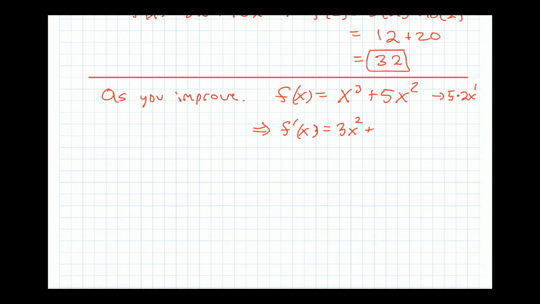The derivative of x squared is 2x. So in your head, you think, I take the 2 and bring it down in front, but there's already a 5 there, so that's going to turn into a 10. And then it's x to the 1. So in your head, you just kind of do that one.